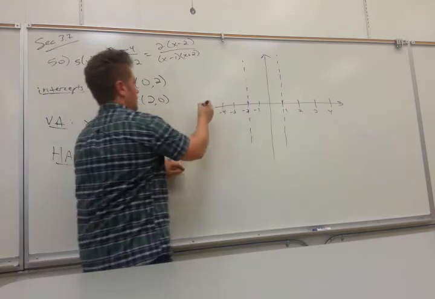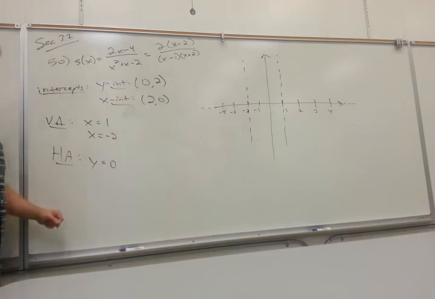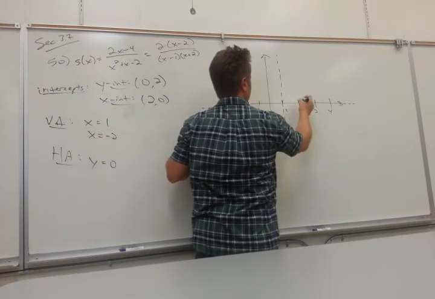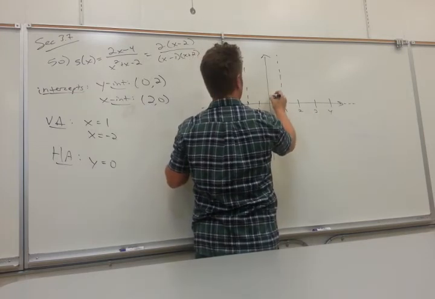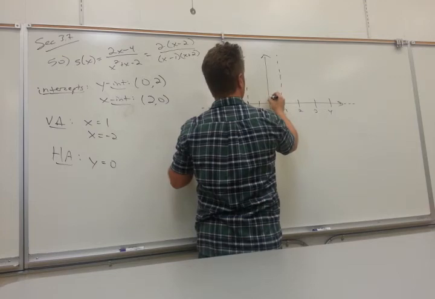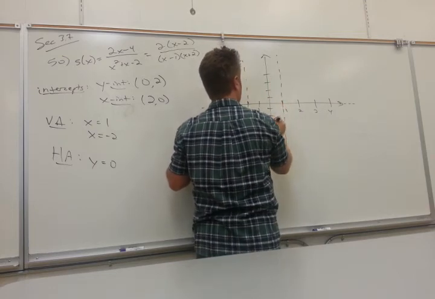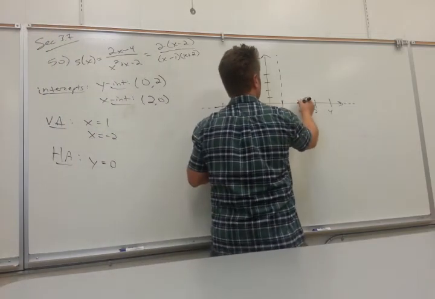The horizontal asymptote is the x-axis. My y-intercept is 0, 2. I'm not sure what my scale is going to be yet, so let's be a little conservative and not put that on there yet. My x-intercept is 2, 0.